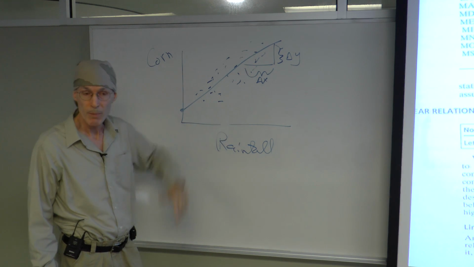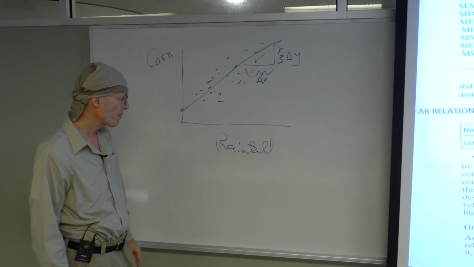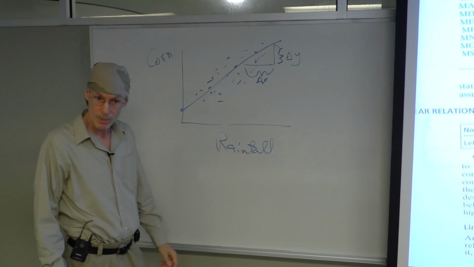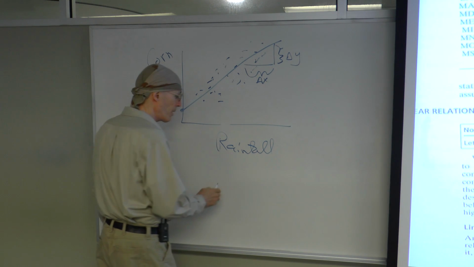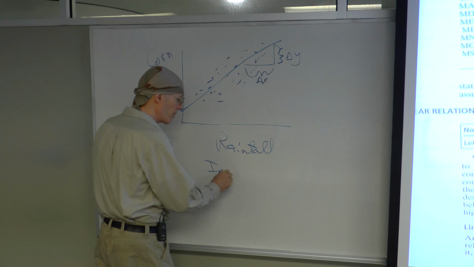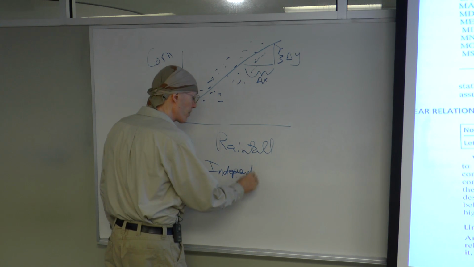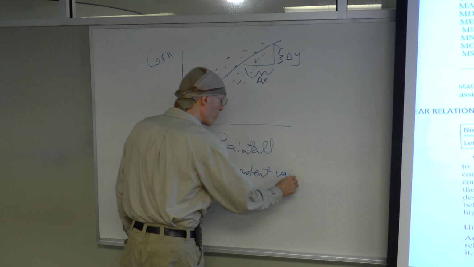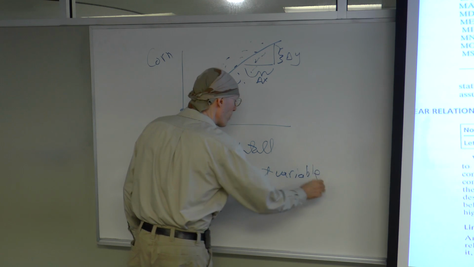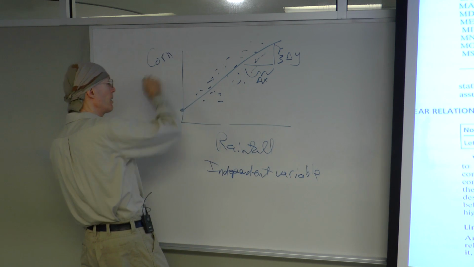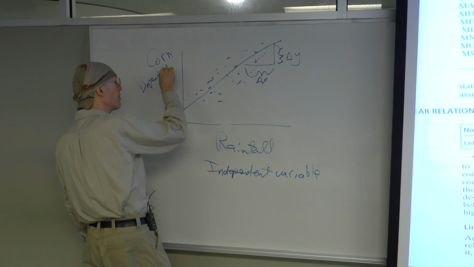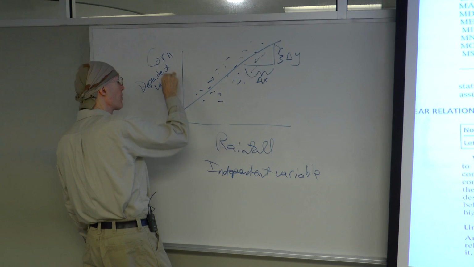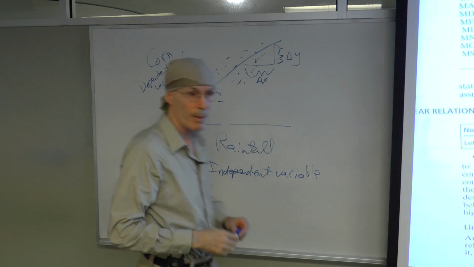Okay? Now we use different vocabulary for this. The most common vocabulary is to call this rainfall thing the independent variable, and this thing here, the dependent variable. Independent and dependent.